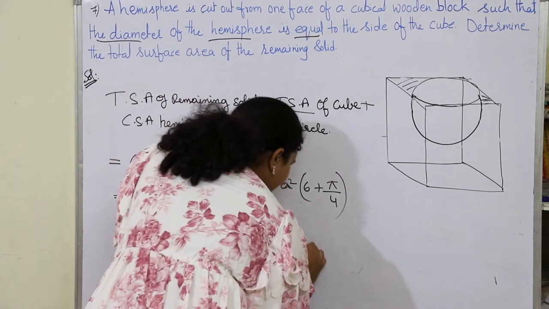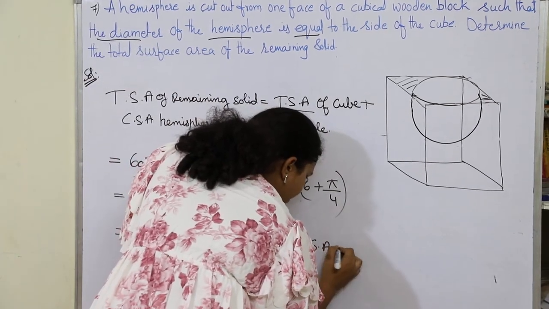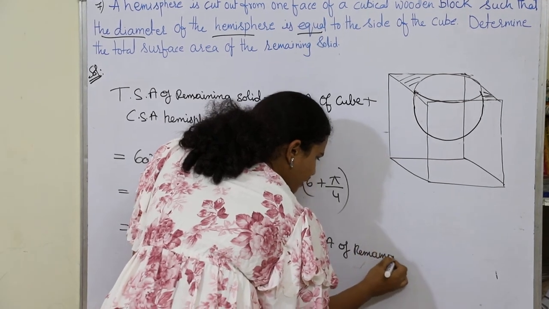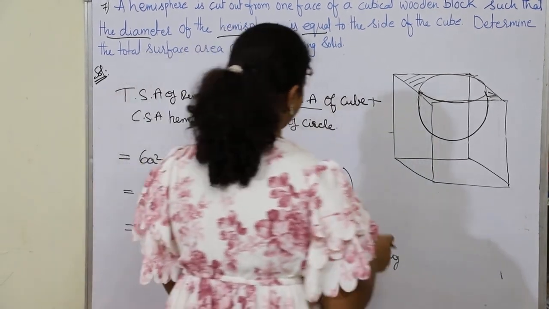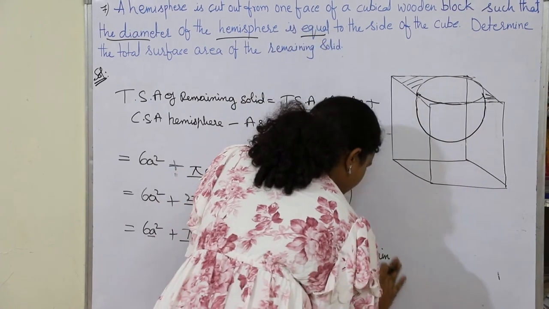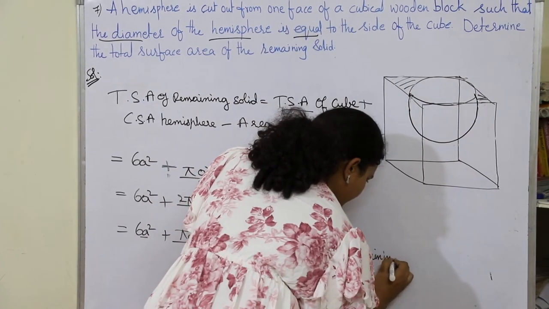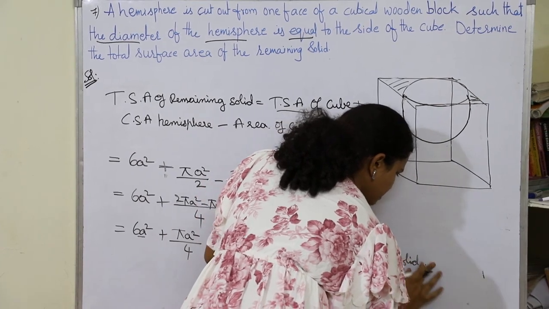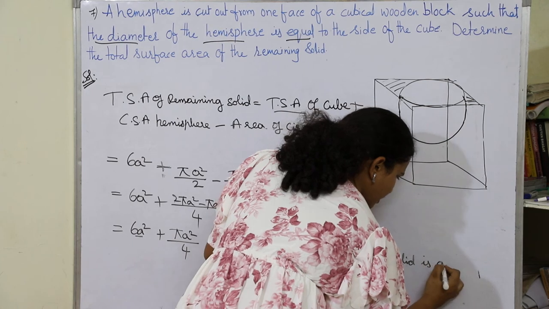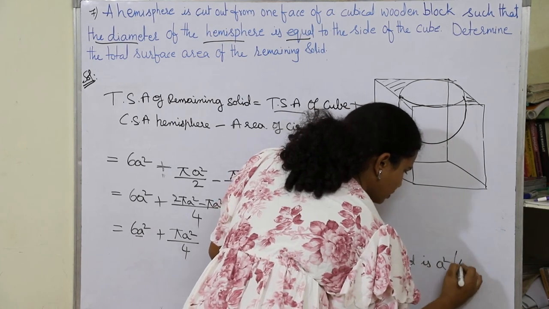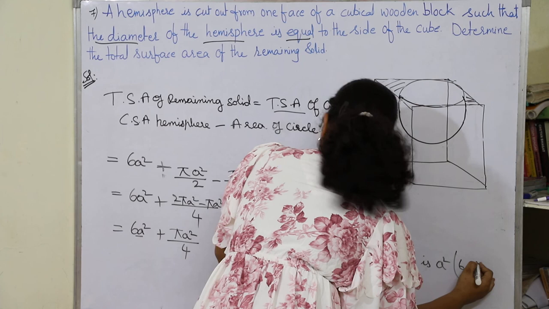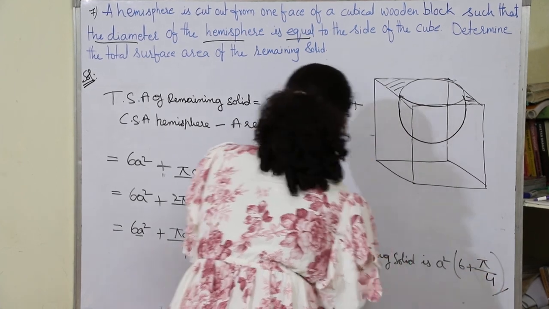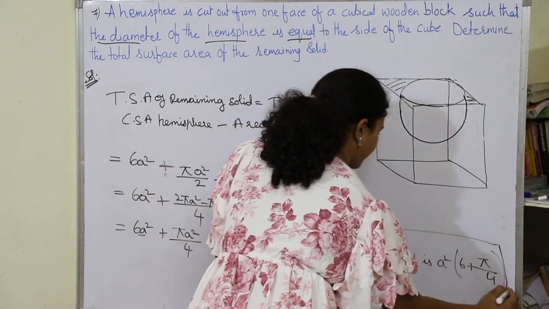So, TSA, total surface area of remaining solid is a square into 6 plus pi by 4. So this will be the final answer.